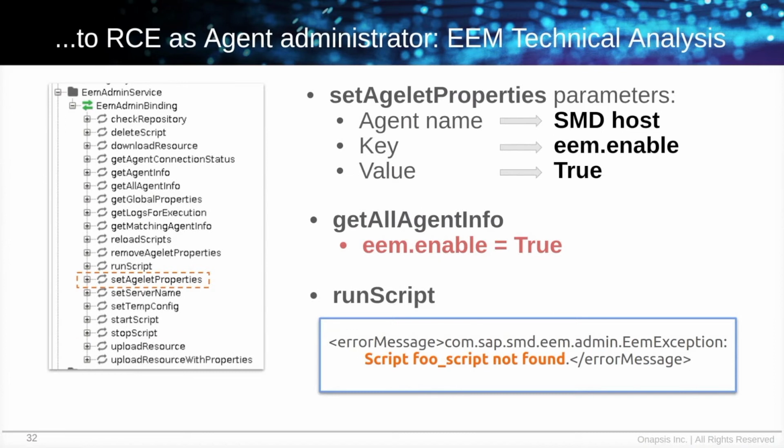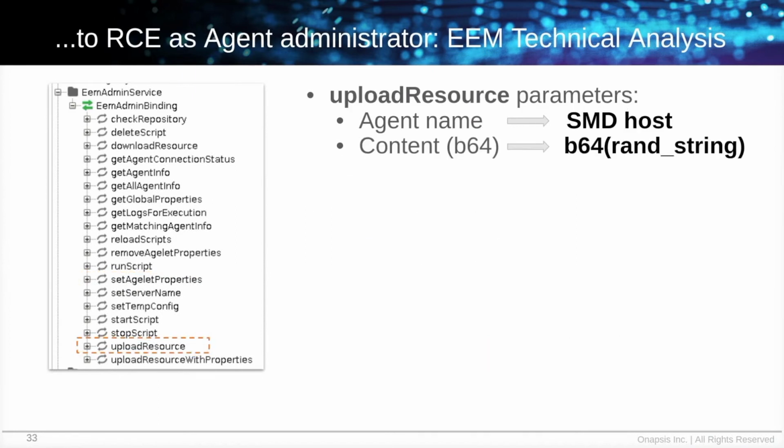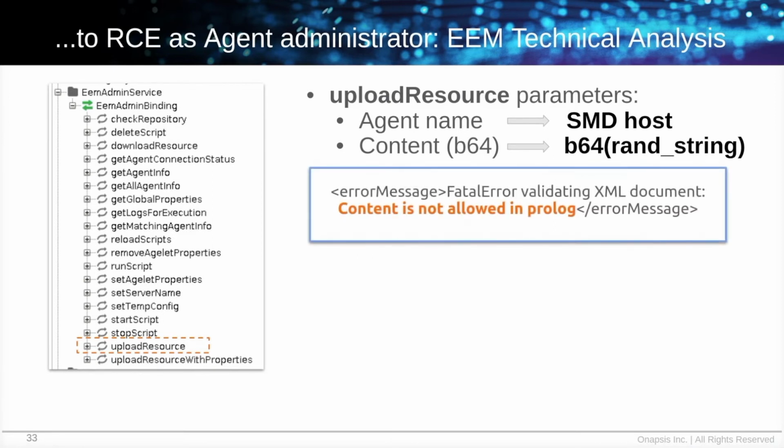We started going again through the methods, and we found one that was called uploadResource. uploadResource, again, asks for two parameters: the SMD host again, and also the content of the script. So this means basically that we have to upload what we want to be executed. The content was B64 encoded, which was not an issue, so we just encoded some random string, and the error was really interesting.